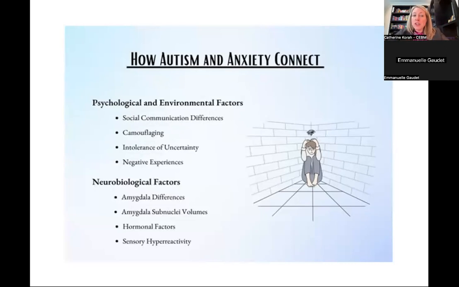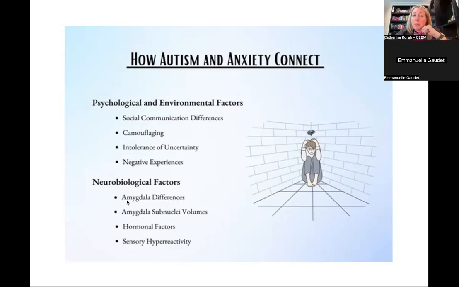And so that can create a stress on the system. Things are not predictable for them and there's an intolerance to uncertainty, and they have negative experiences when there is a lack of understanding of inclusion. This can bring on a whole slew of consequences in terms of their daily experience. So that's on the one hand, the environment. And then on the other hand, looking more at the neurobiological differences.